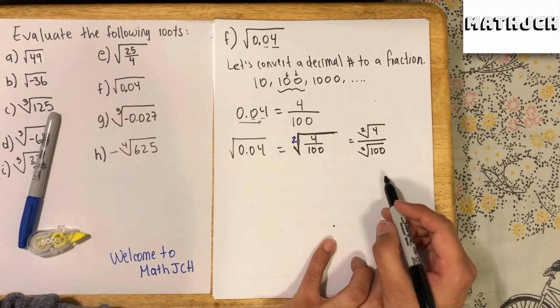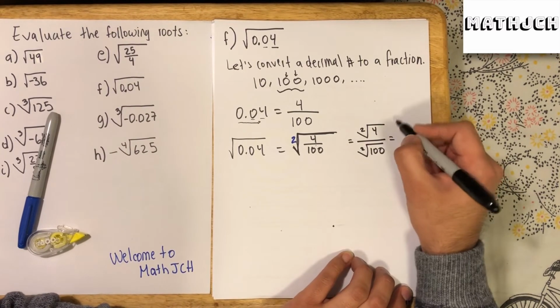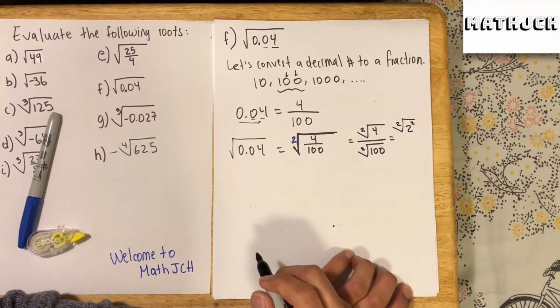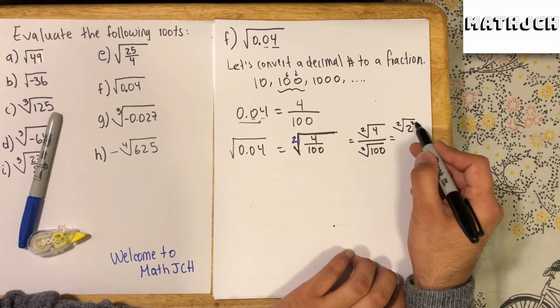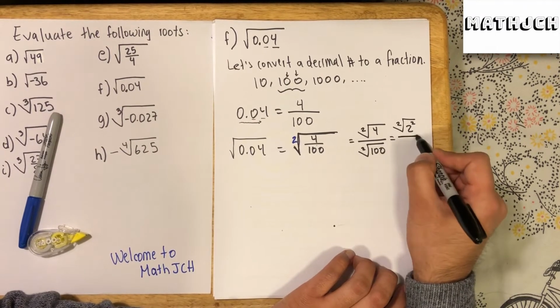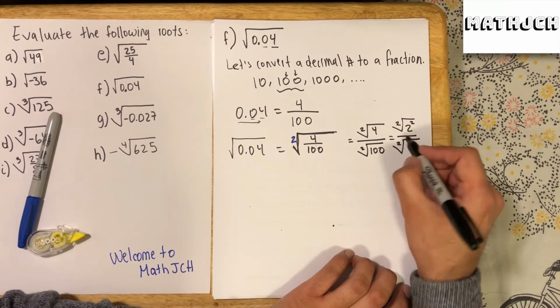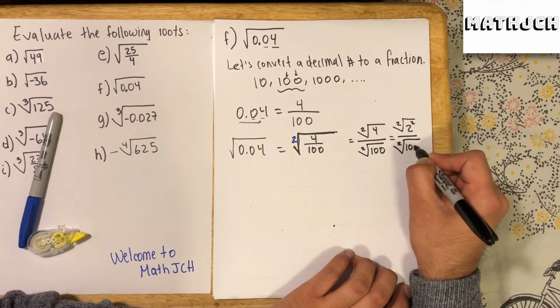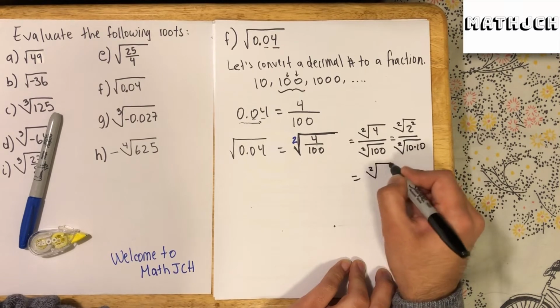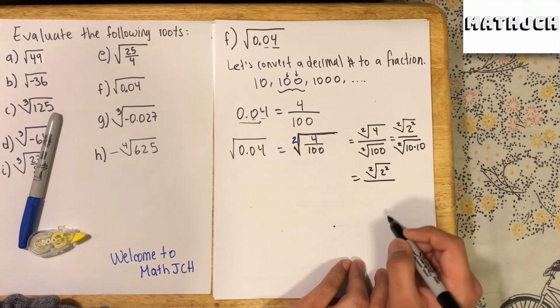Now 4, as in the previous problems, we have found out that we could rewrite 4 as 2 to the power 2. Because 2 to the power 2 means 2 multiplied by itself twice, which gives us 4. And 100, we could rewrite 100 as 10 times 10. Now notice, let me rewrite the top without simplifying.